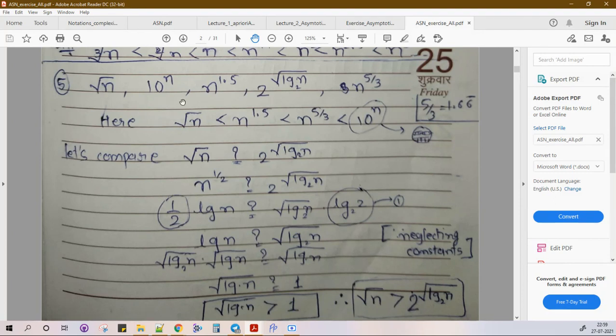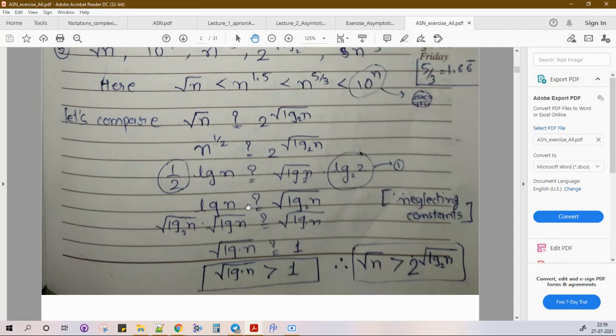Let's start by comparing with the first term. When I compare 2 to the power under root log n with under root n, always take log. If you need to take log once, twice, or even five times, no problem at all. Under root n can be written as n to the power half, and the other is already exponential, 2 to the power root log n.